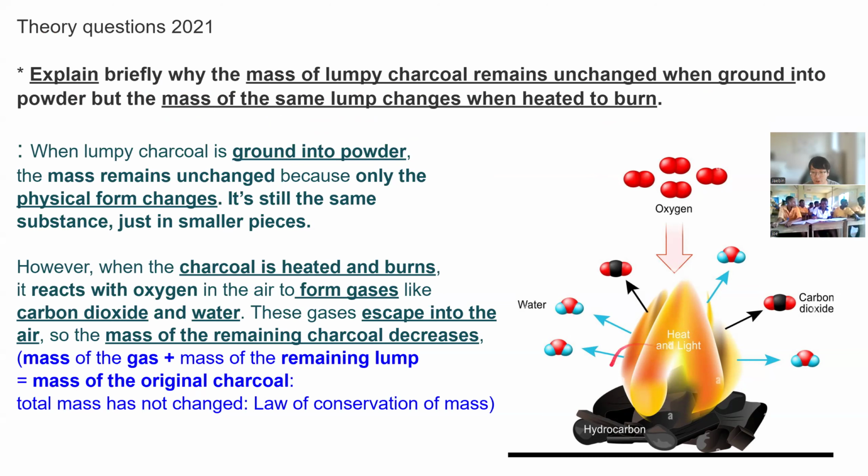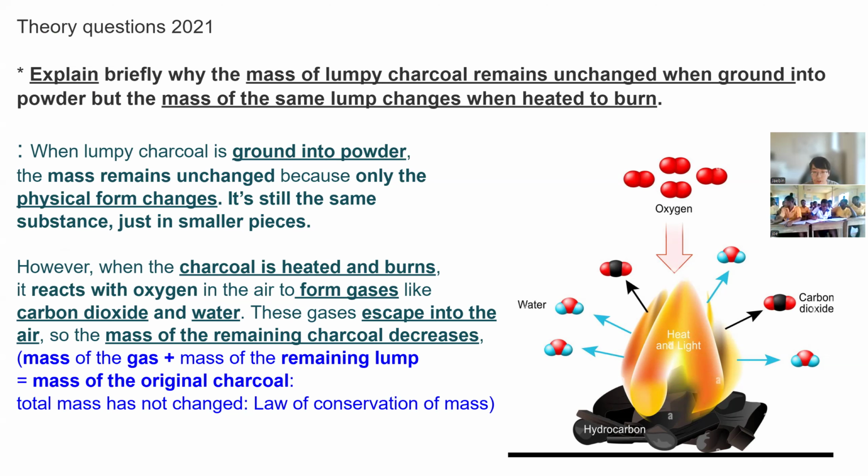When this charcoal is ground into powder, the mass remains unchanged because it is only a physical change. When you completely grind the charcoal, it just becomes a powder. It changes in size and shape, but it is the same substance; the ground charcoal still has the same properties as regular charcoal.